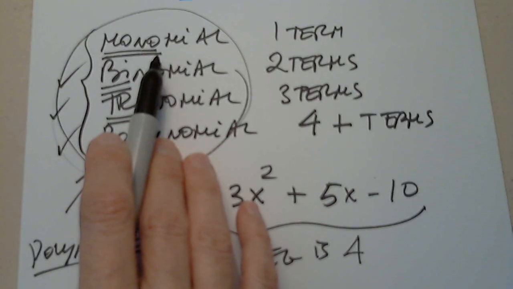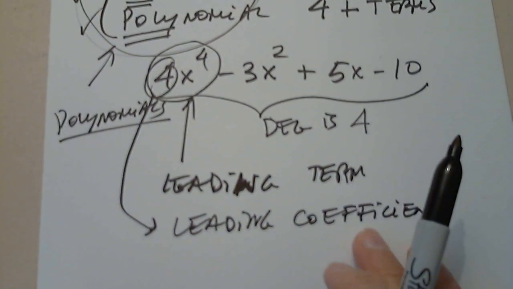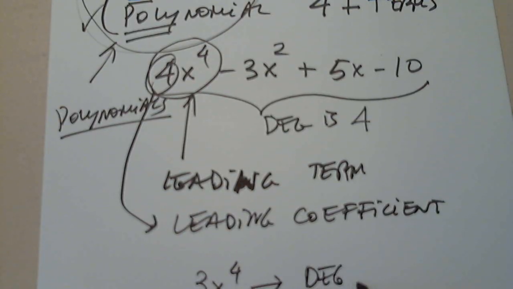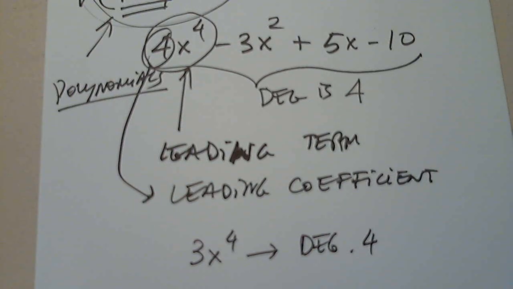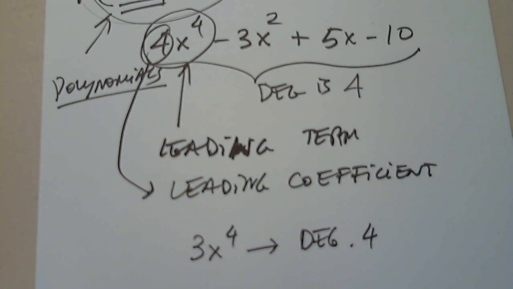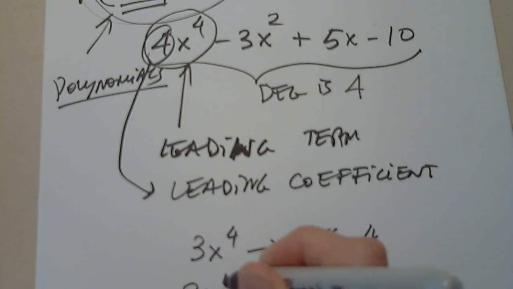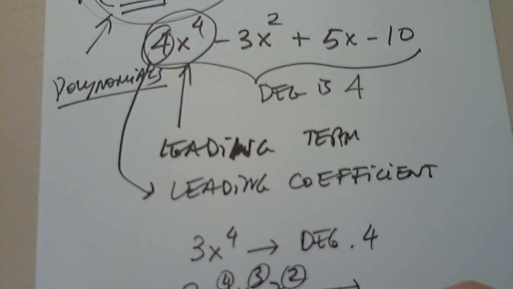However, what about the monomial? So here's one monomial, 3x to the fourth. Of course, it has degree 4. But what if it has more than one variable? What if it has 3x to the fourth, y cubed, z squared? In this case, because it's a monomial, the degree will be calculated by adding all these powers of the variables only.